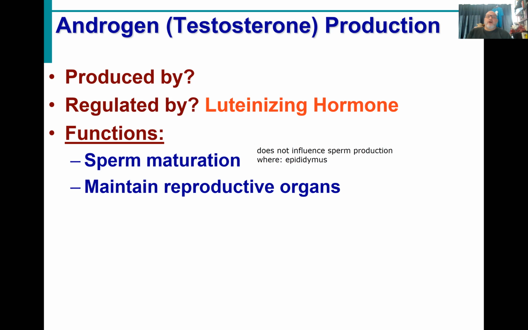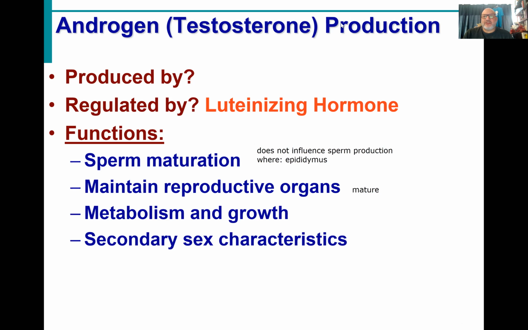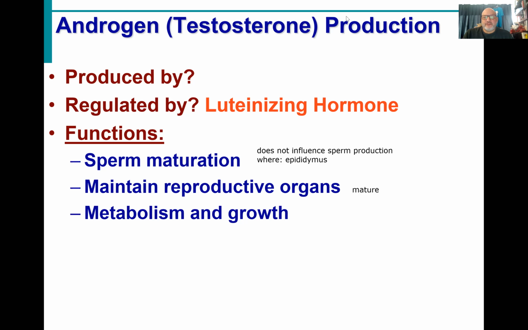And as we know, our androgens maintain and mature. All right, so they cause the maturation of the reproductive organs, they maintain the reproductive organs, and increase metabolism and growth, as we talked about, especially muscle and cartilage.